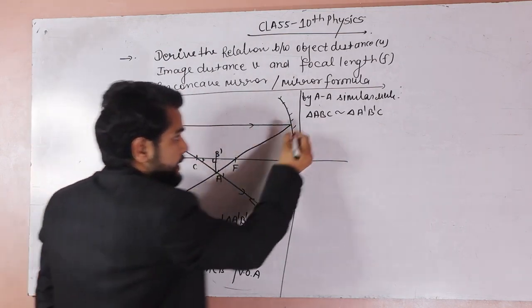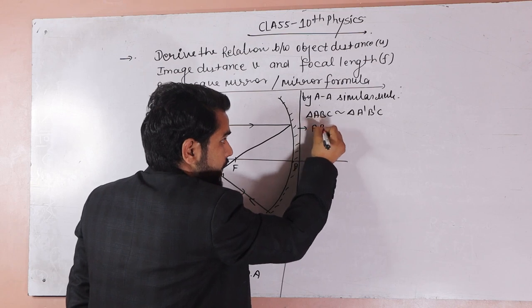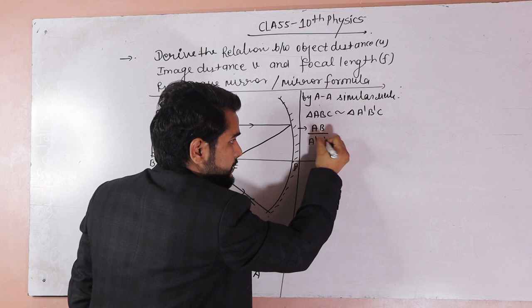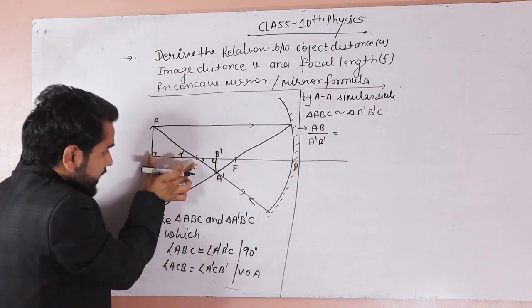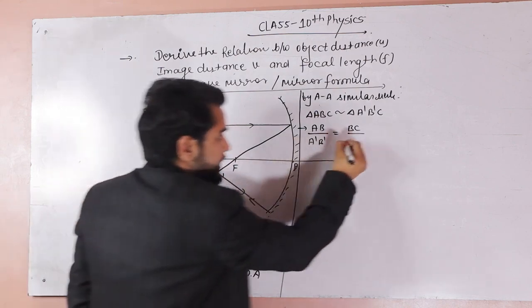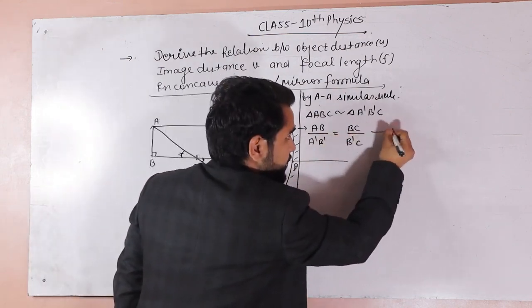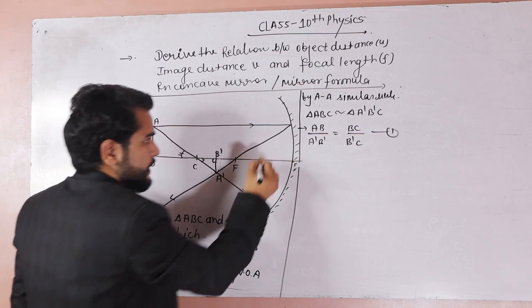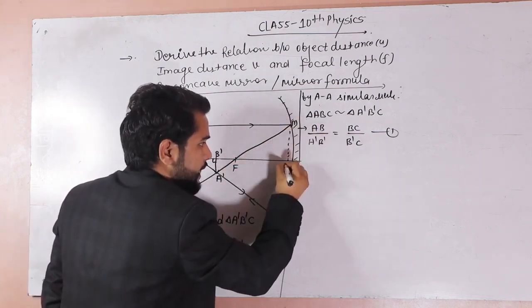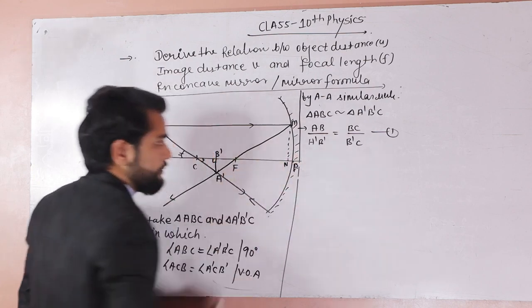So we take AB and its corresponding side A dash B dash, and BC, whose corresponding side is B dash C. Say this is equation number one.